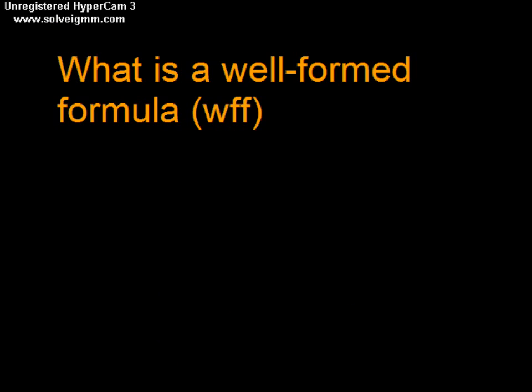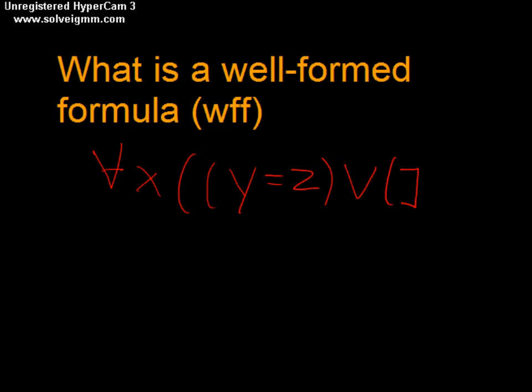For example, we can form the following formula, and it will be a well-formed formula. For all X, Y equals Z, or there exists a Y element of X. This is a well-formed formula, like you can check.